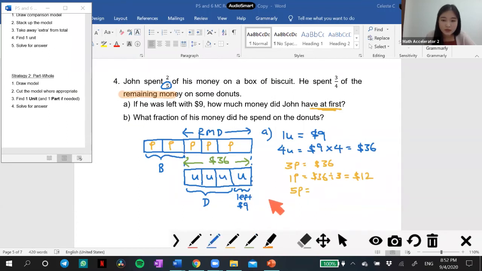How about part B? What fraction of his money did he spend on donuts? Donuts have 3 units. Okay, so for part B, once you found the answer for part A, right, you have to put donuts over total, which is from part A, to get your answer, right?